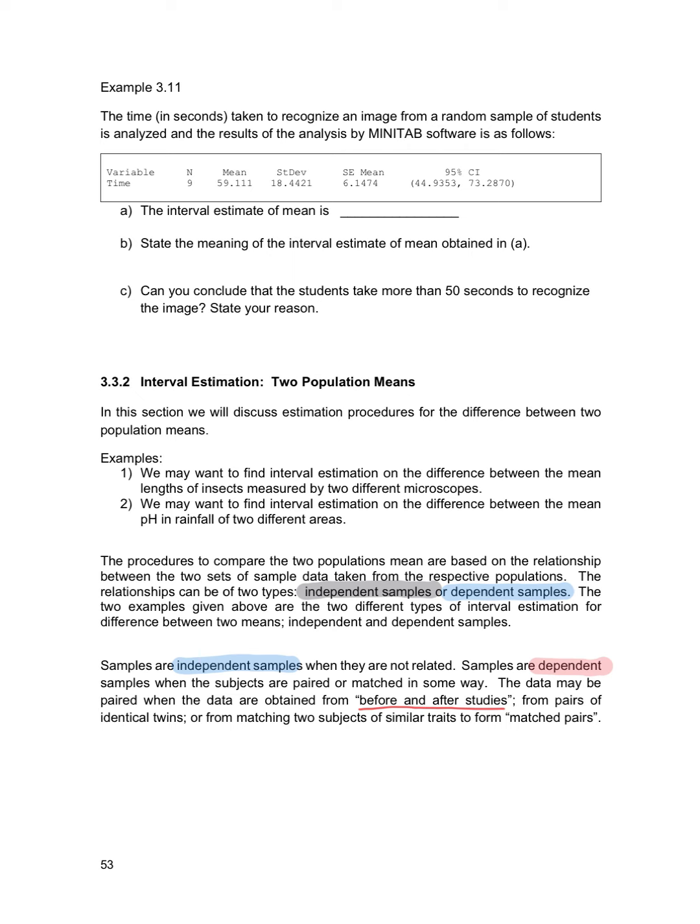I give them one quiz and I record their score. Then the following weeks they attend one statistics course and they learn the statistics subject.